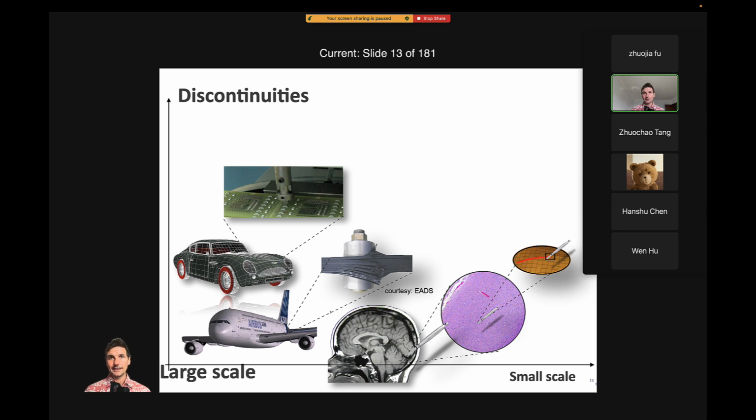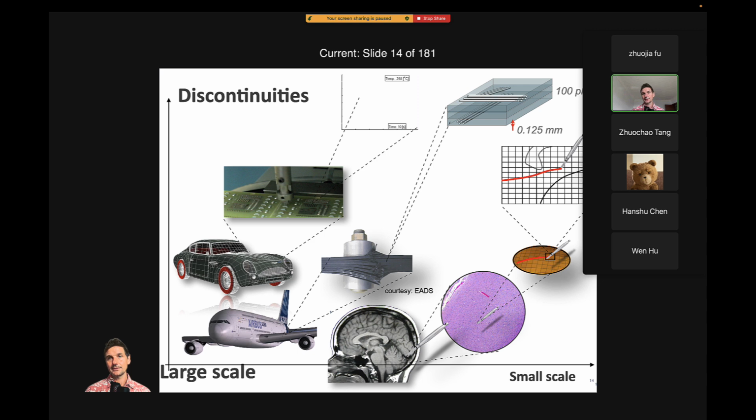So you see discontinuity. If you keep zooming down, at some point things will become discontinuous. You will get to the atomistic level, and then things become continuous again because you're talking quantum mechanics. So you're talking about strain energy density functions, and energy potential and so on. But of course, in the meantime, you have discontinuities to deal with.